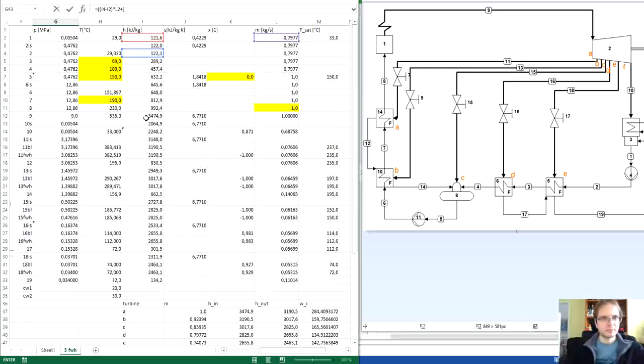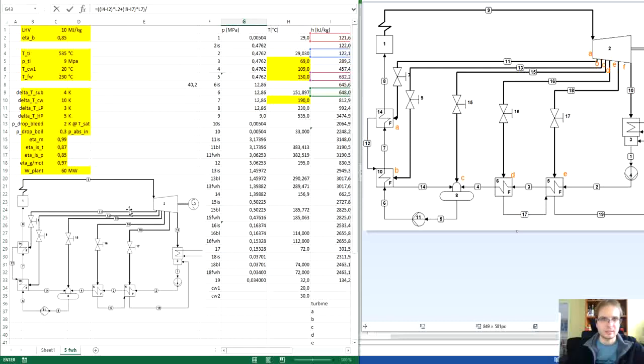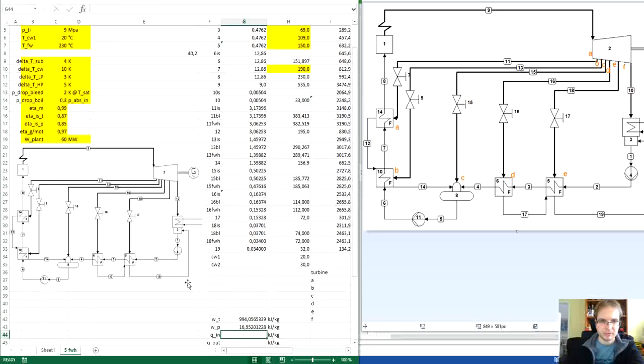So H6 minus H5 multiplied by mass flow rate that we have at this point, which is 1. And this is thermodynamic power. So now we need to divide the thermodynamic power by mechanical efficiency and motor efficiency to get our power input for the pumps.